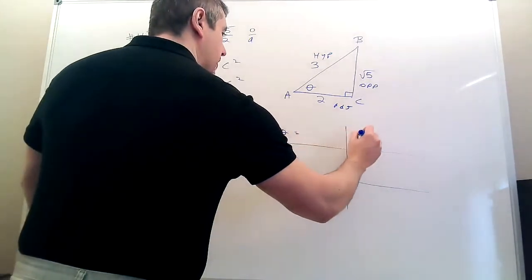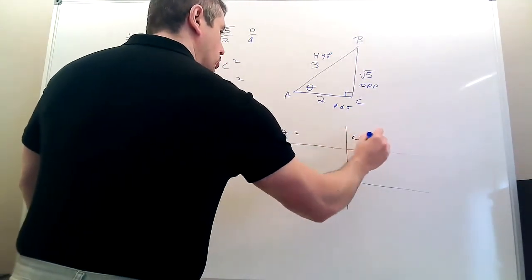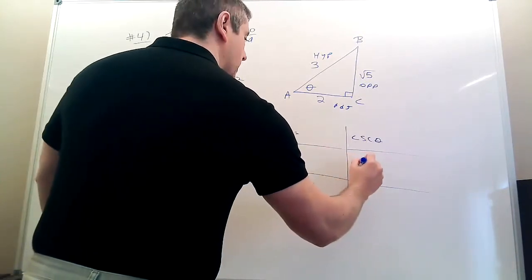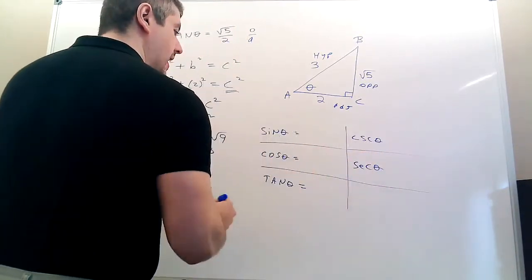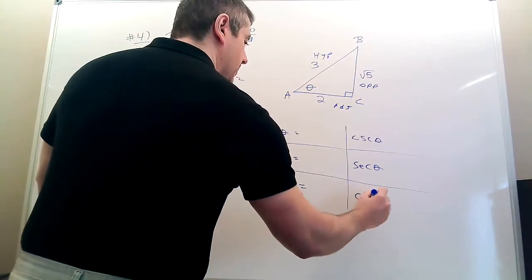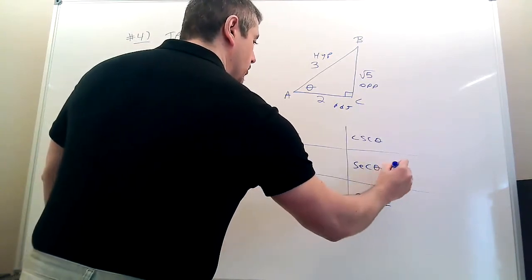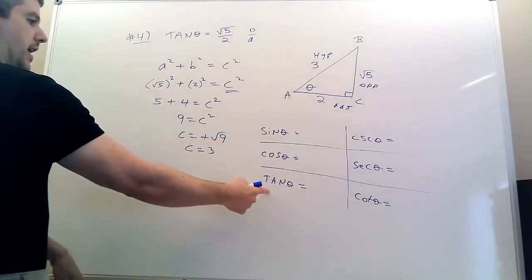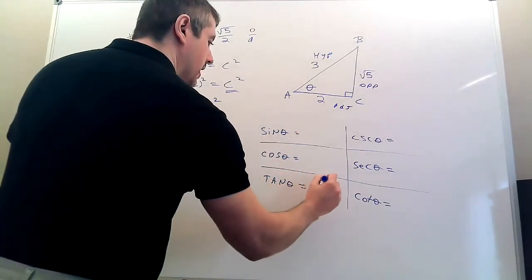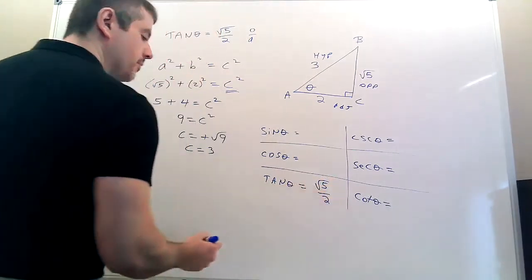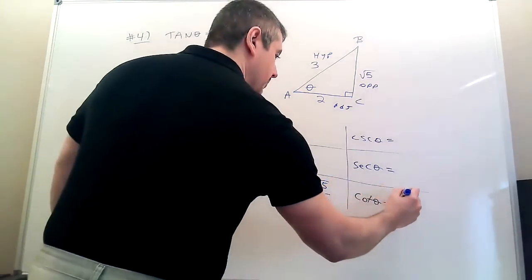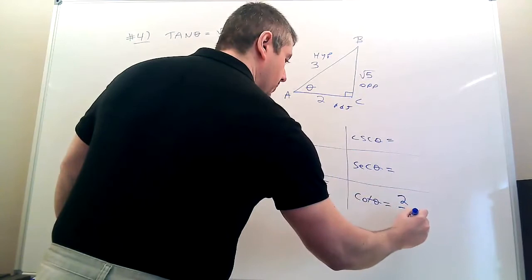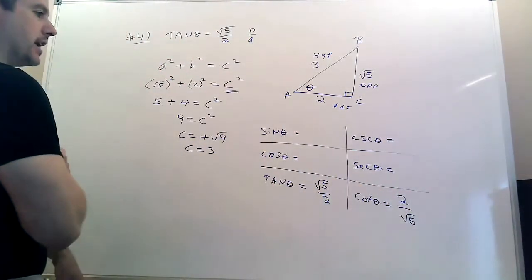The partner of sine is cosecant. The partner of cosine is secant. And the partner of tan is cotan. Remember, you don't do these 3, you just flip. I'm going to do these. I already have this one. Since they gave me tan, I get cotan for free. Flip it over. I don't care about the radical 5 in the bottom.